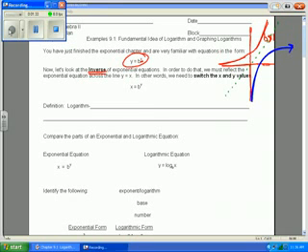So exponentials and logs are tied together. In other words, we switched the x and the y values, and so we get x equals b to the y power. And then what we do with a logarithm, which is the inverse of our exponential function.